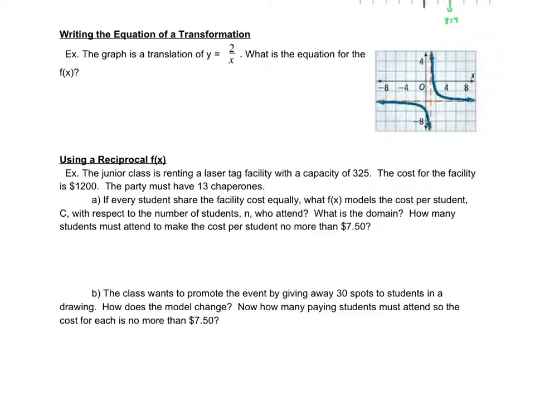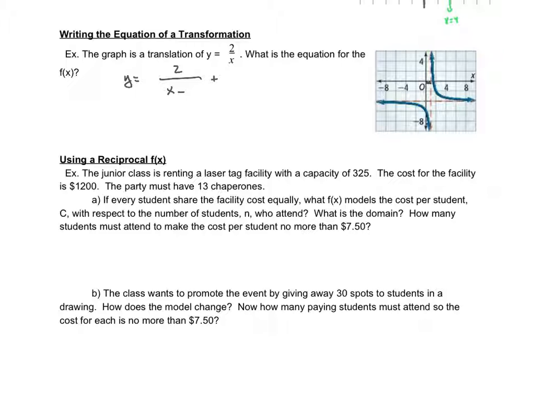Let's see here, write an equation for this transformation. Well, if my parent function is going to be 2 over x minus and then plus, it looks like my function has been shifted over the value of 1.